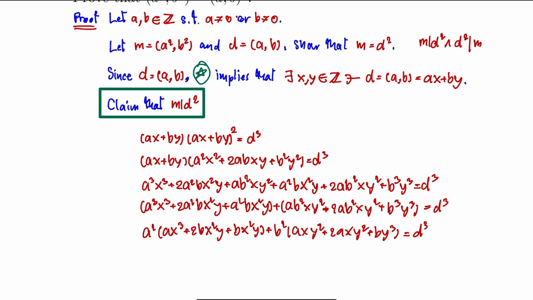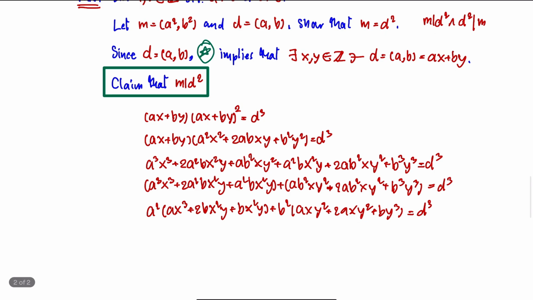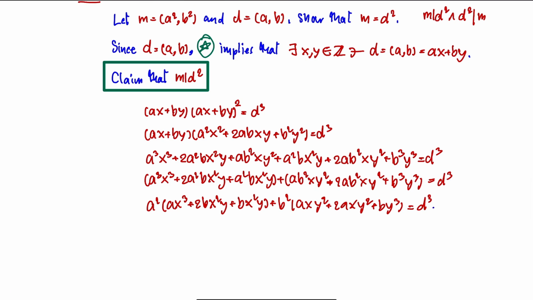Okay, but we have this one, d equal to the greatest common divisor of a and b. So this is what we have. Now since d is the greatest common divisor of a and b, what do we have? So d divides a and d divides b.